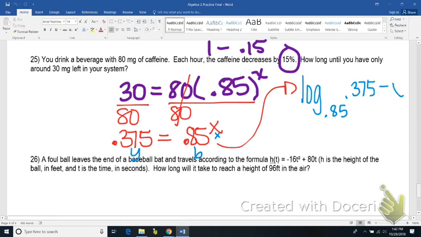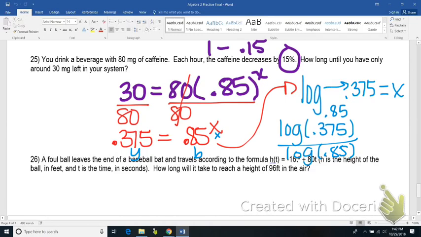Just make sure you set those up right. Your 0.85 is your base, so that goes under, and the 0.375 is your y. So then when you guys do change of base, make sure you put, the base always goes on the bottom. So it'd be the log of 0.375, that one, divided by the log of your base.